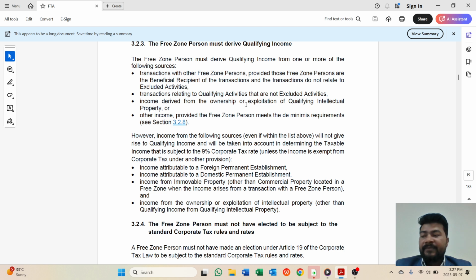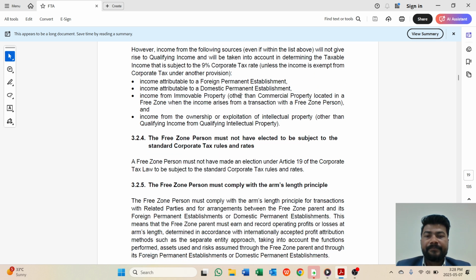Another case is that if you have any intellectual property in the free zone, that intellectual property should be qualifying, and the income derived from that qualifying intellectual property will be qualifying income. If you have this type of income, it will be qualifying, otherwise it will be non-qualifying income.